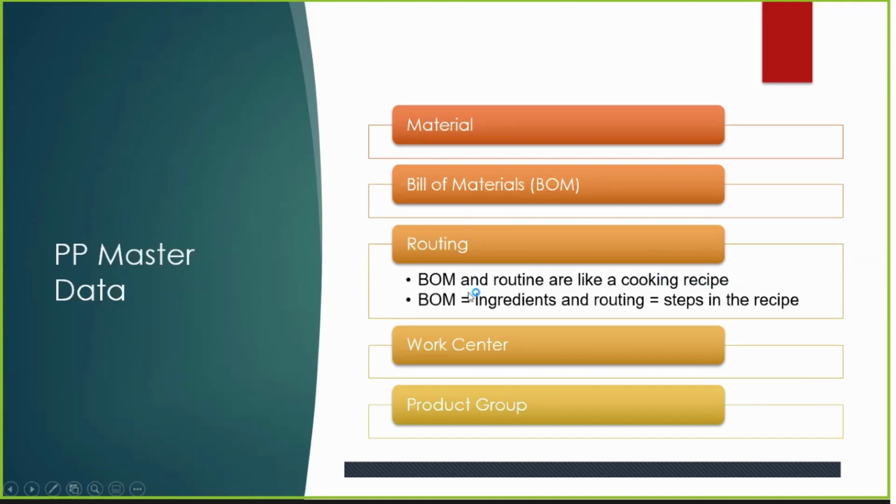The BOM is the ingredients and the routing is the steps in the recipe. The BOM tells you what your product contains, and the routing tells you how to make your product, how to do it. The other things are the work centers, and the other master data is the product groups.